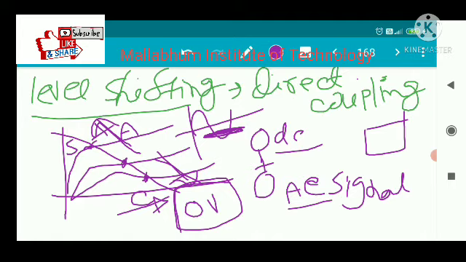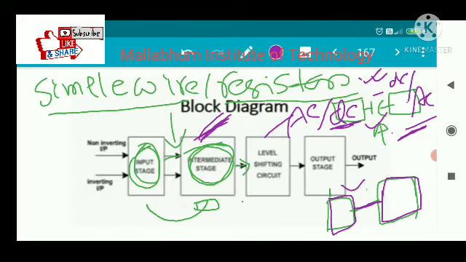With the help of the level translator, we bring back the DC that has passed from the first stage to the second stage to the 0 volt level, with the help of some sort of arrangement circuit. So there is no problem. The second stage amplifier has no biasing problem, because we bring back the DC that has been passed to the 0 level. That is the advantage, and that's why we have employed the level shifting circuit.